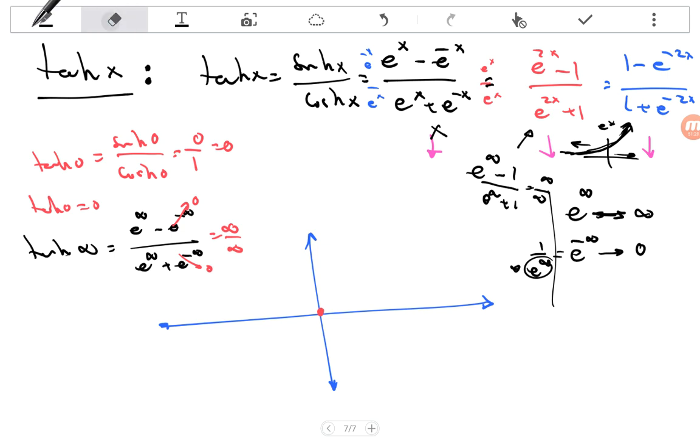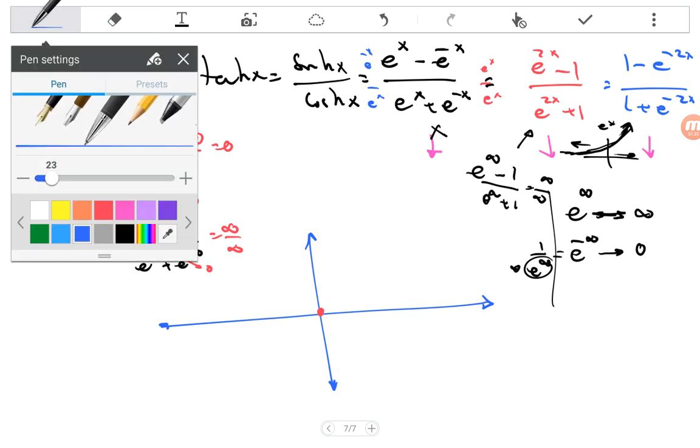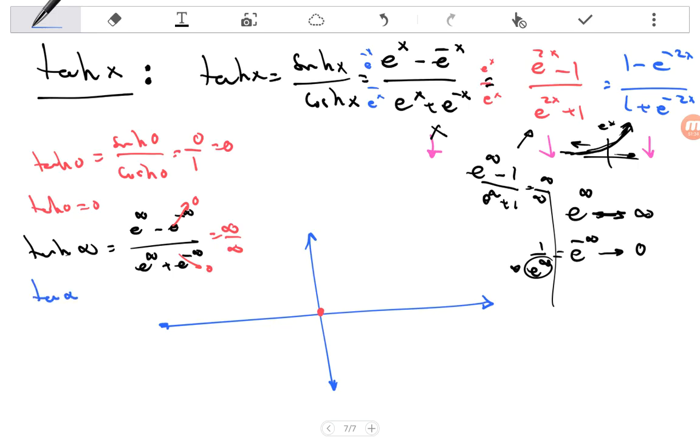But what if you use the third expression? I will get 1 minus e power negative infinity over 1 plus e power negative infinity. That is 0 and this is 0, so I'll just get 1.